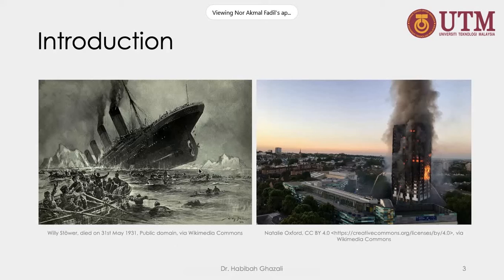However, when this ship hit the iceberg, what happened? It broke, fractured into two pieces. Why? They forgot something. They were unable to discover one property. What is it?